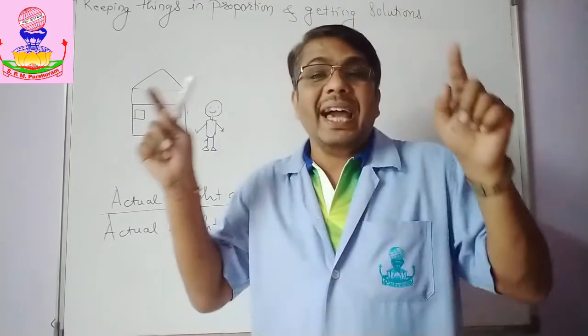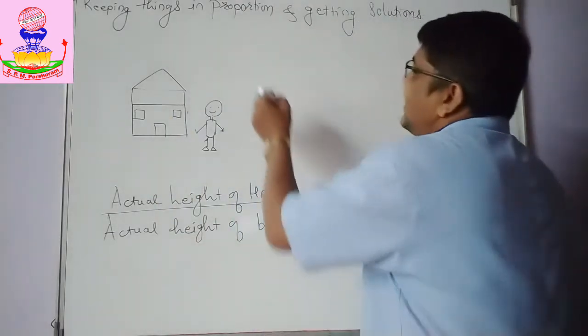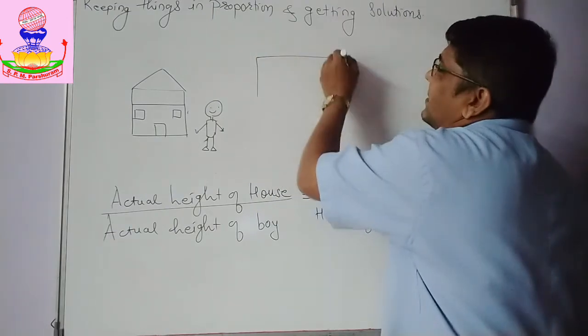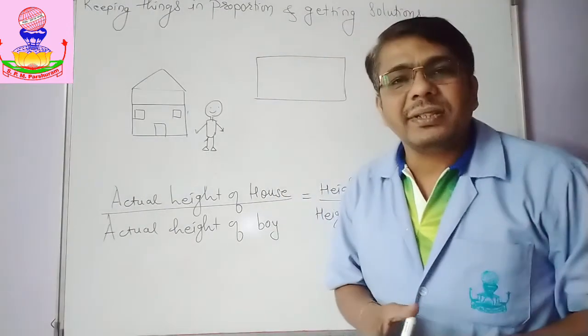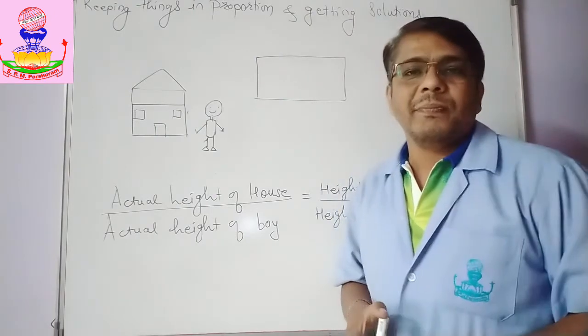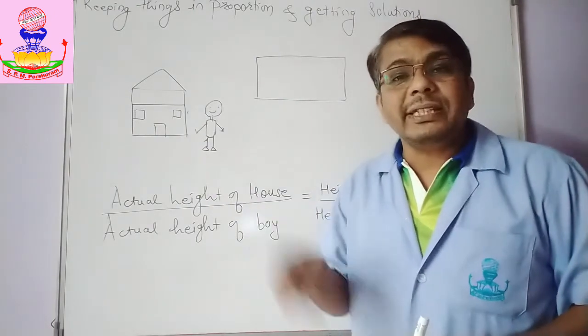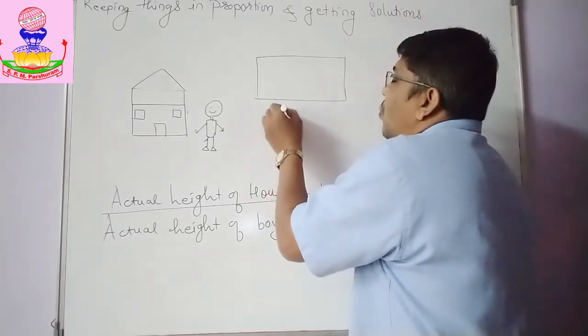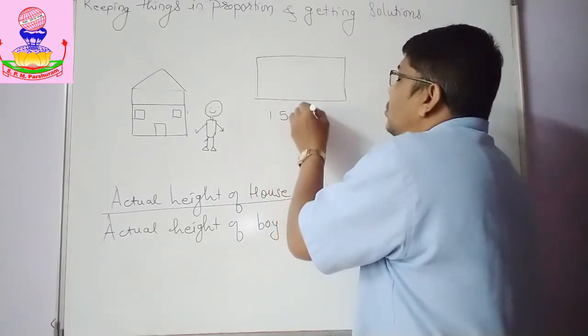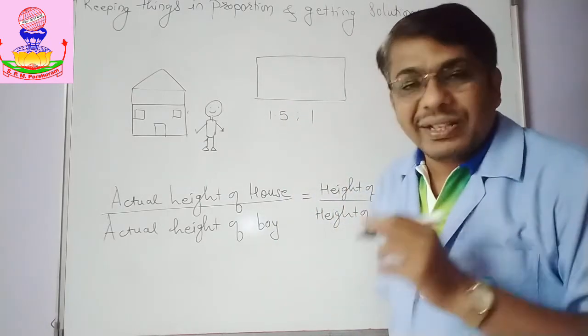Then I can take another example. Flags. Do you know Indian flags? Yes, the tricolor. The length and breadth, they are always in proportion. The length to breadth ratio is 1.5 is to 1.